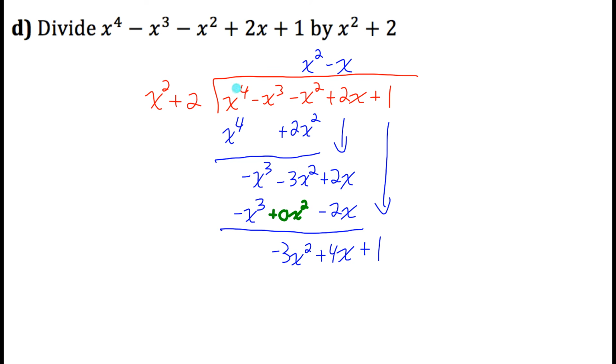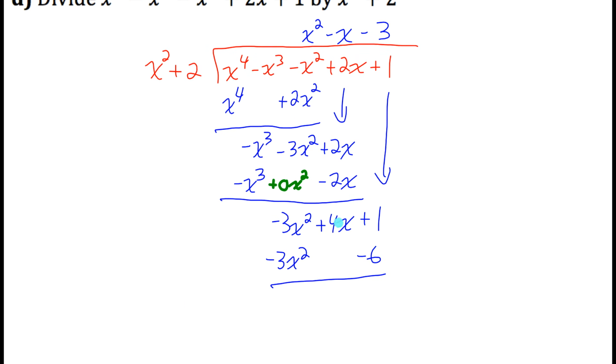Negative 3x squared divided by x squared is negative 3. Multiply that negative 3 by the whole divisor. I get negative 3x squared minus 6. Do the subtracting of like terms. The 4x will still be there because we're not subtracting anything from it. And 1 minus negative 6 is 7. This is our remainder.